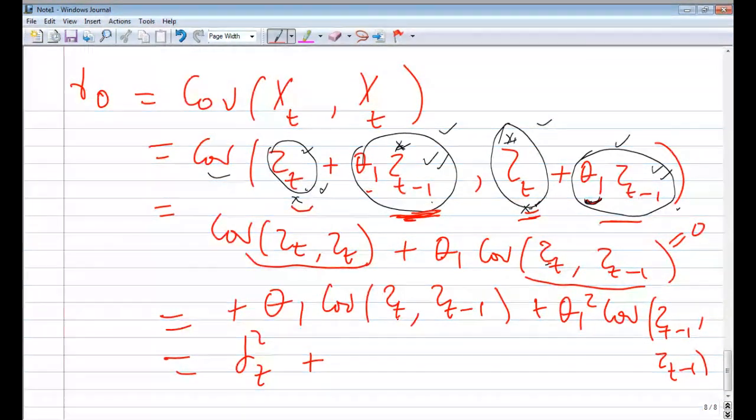The same applies to this one; they are independent, so their covariance is 0.